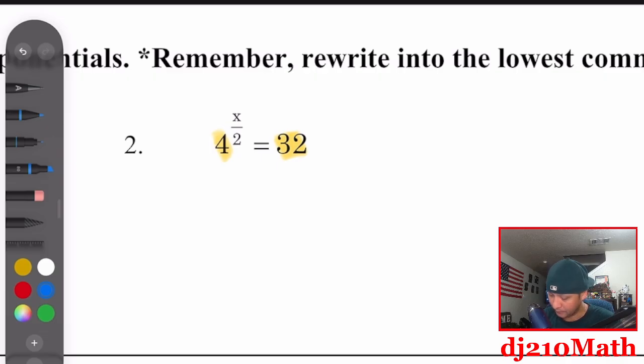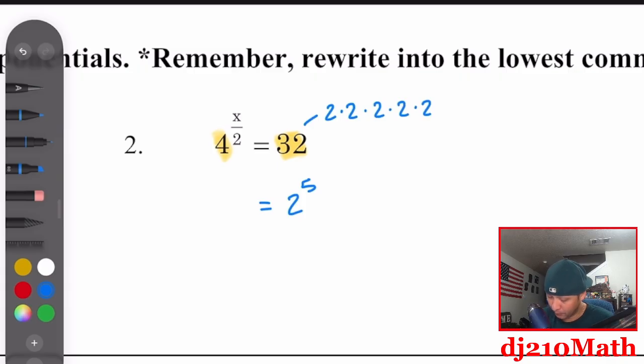Here, 32 cannot be written as 4 to a power, but 32 can be written as 2 to a power for sure. 32 is 2 times 2 is 4, times 2 is 8, times 2 is 16, times 2 is 32. So this is 2 to the 5th power.